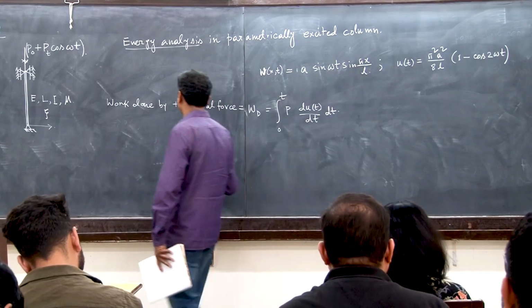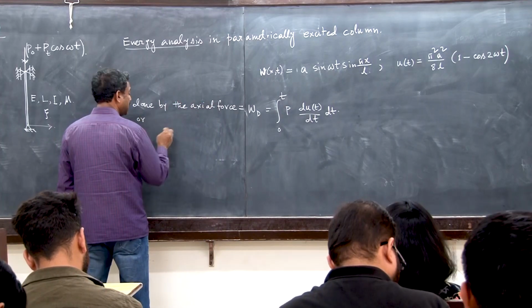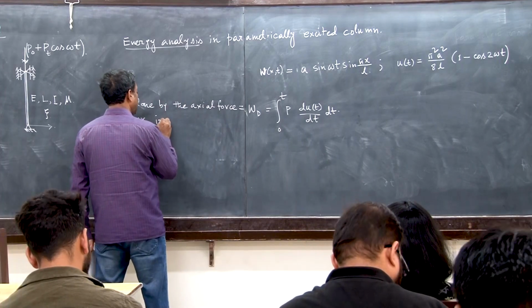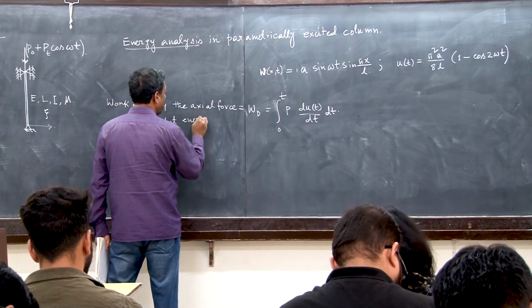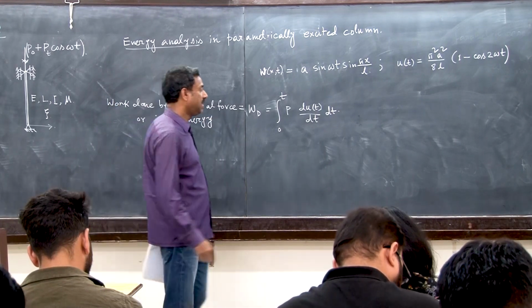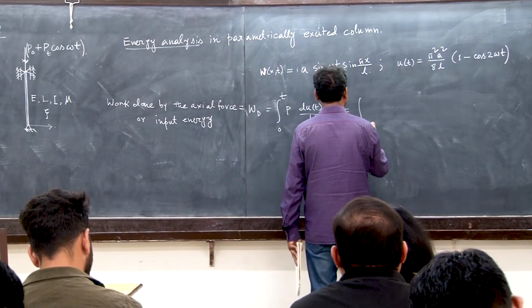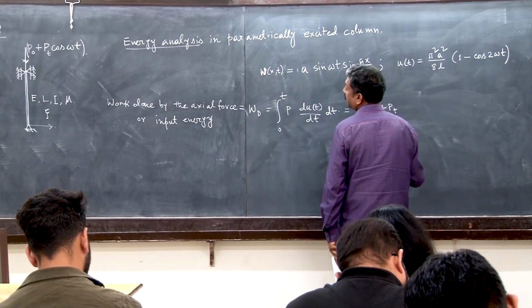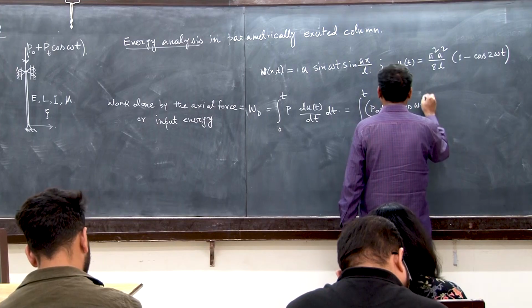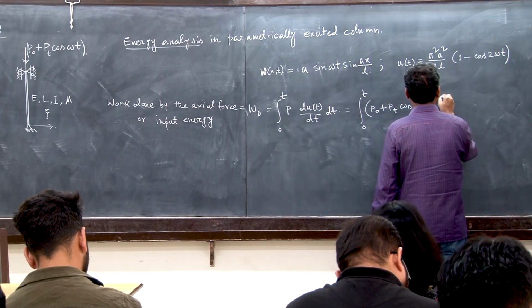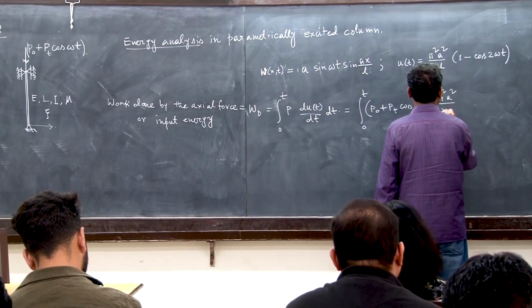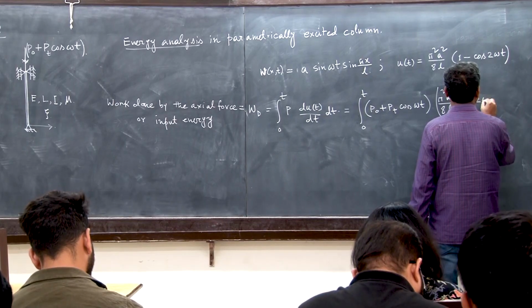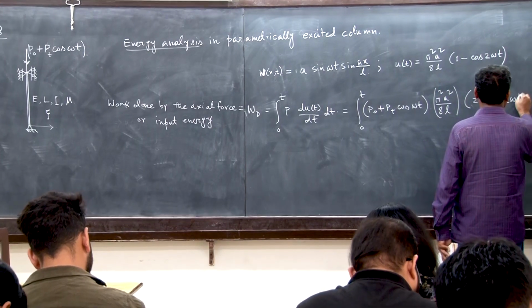So the work done by the axial force, or the input energy over a cycle. If you integrate from 0 to T, P0 plus Pt cosine of omega t times du by dt, which is pi square by 8L sine 2 omega t.